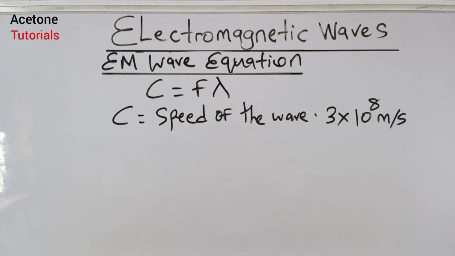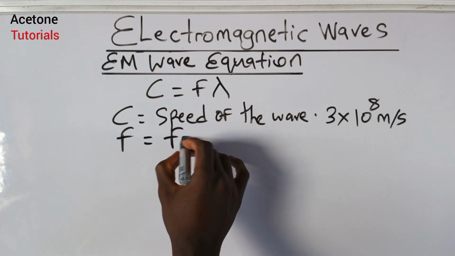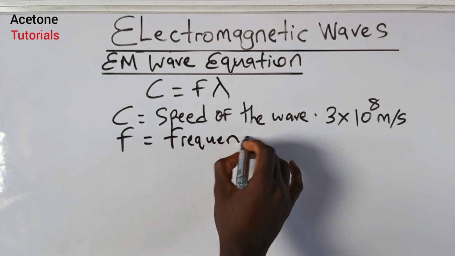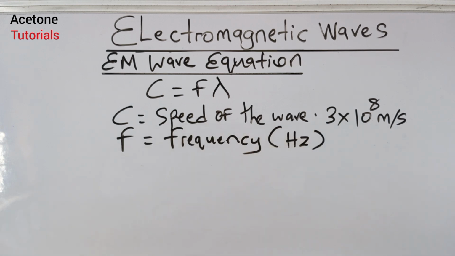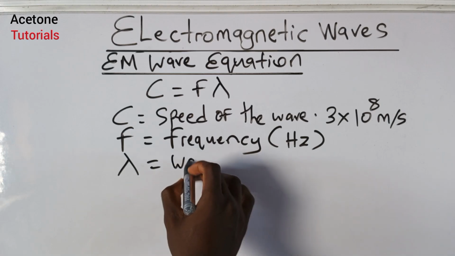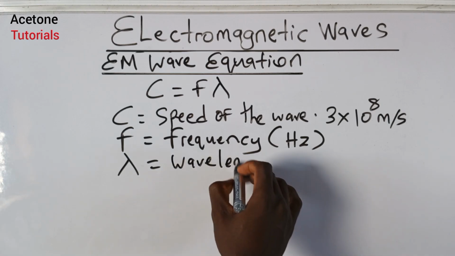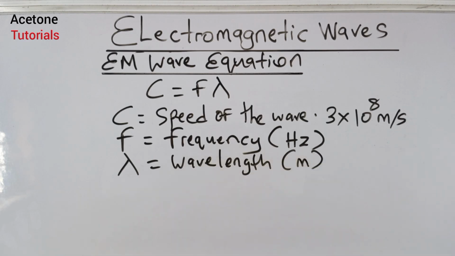So that's the speed of the wave, which is equal to the speed of light in a vacuum. f is the frequency. The unit is hertz. While lambda is the wavelength, and the unit is meter. So that's the formula. The formula is very important, so you have to know it.